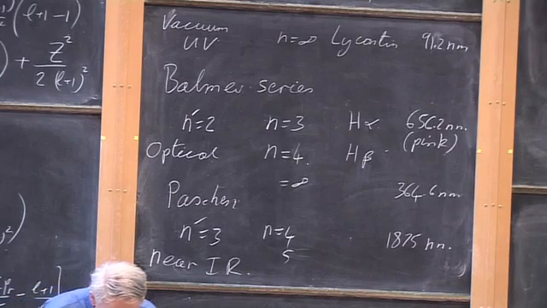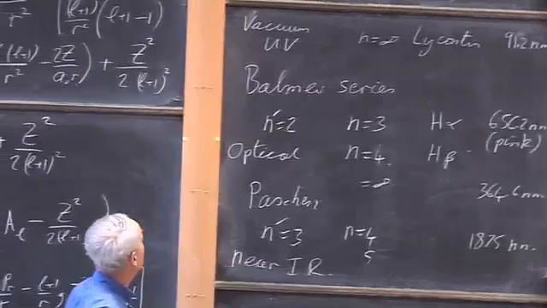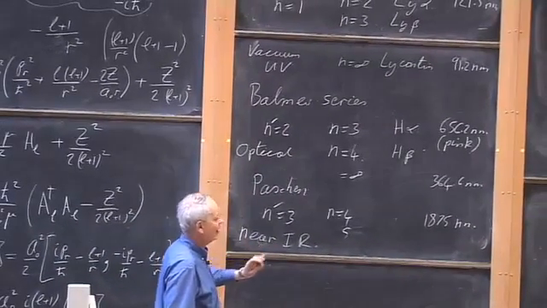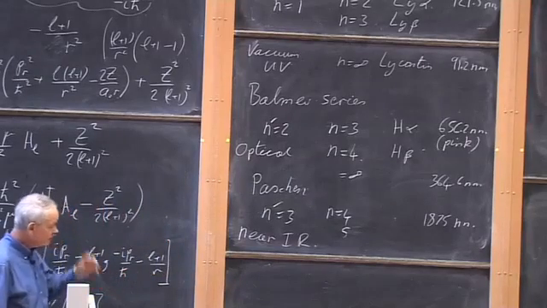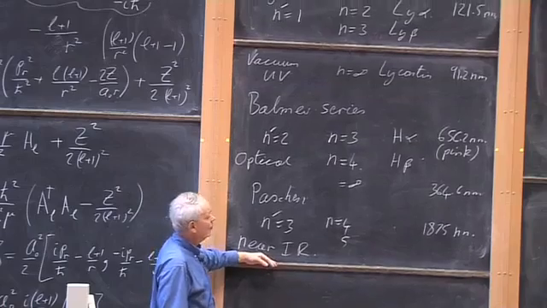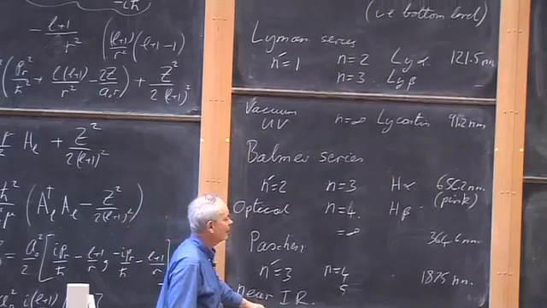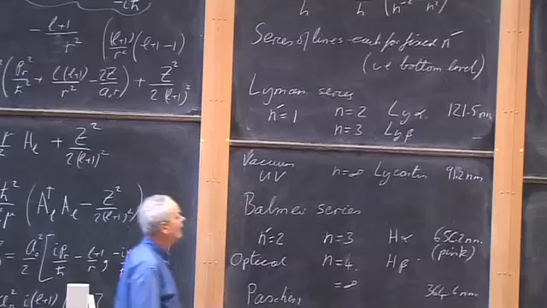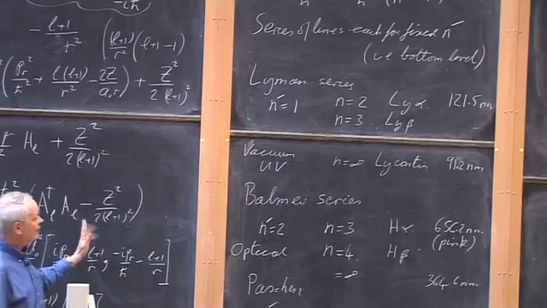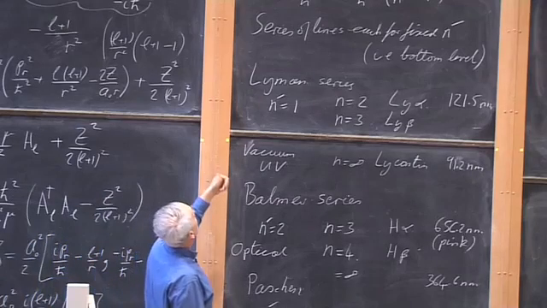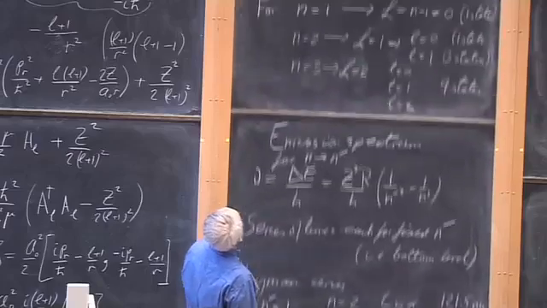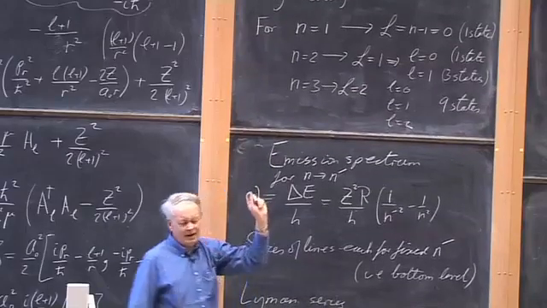One other thing I would point out is that you can apply these formulae to the innermost electrons of other atoms, atoms that have more than one electron. You can't apply them to the outer electrons in any useful way because we've done all this with no other electrons present. We've got one nucleus and one electron. But there's one very important thing to take home, which is that this energy scale goes like Z squared.